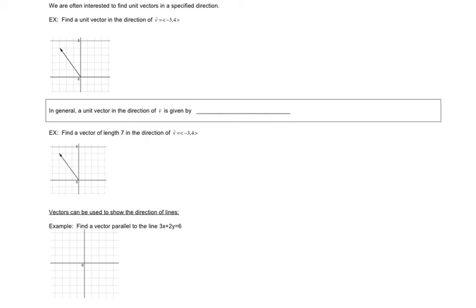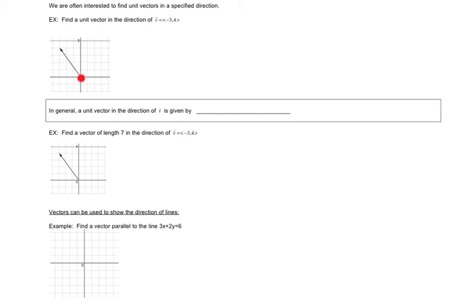So we've seen how the unit vectors i and j can act as building blocks, and we can write any vector in terms of i and j. But in the same way, we often need building blocks in the direction of a specified vector. So for instance, in this example here, I have the vector (-3, 4). That's not a unit vector.